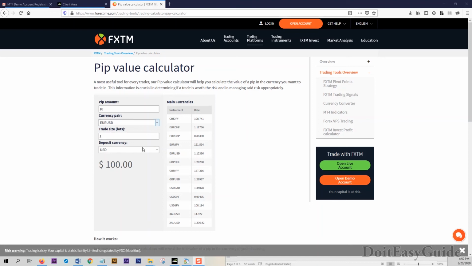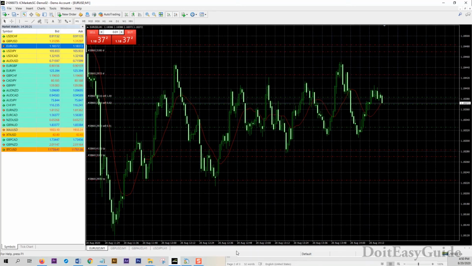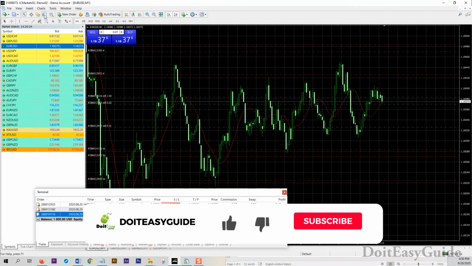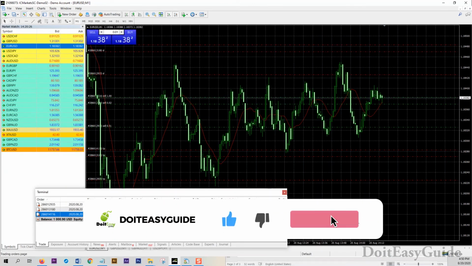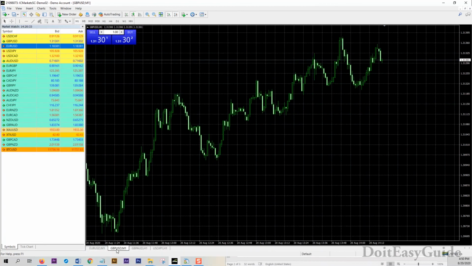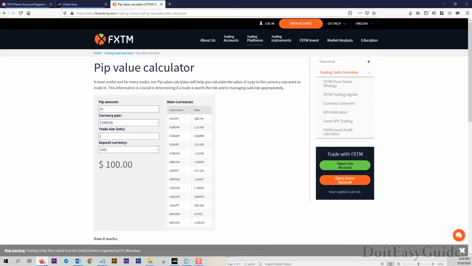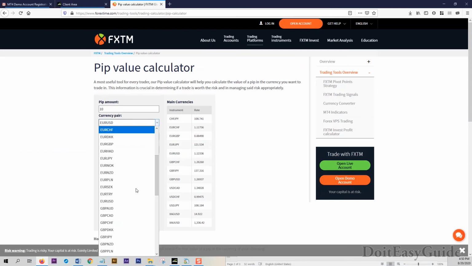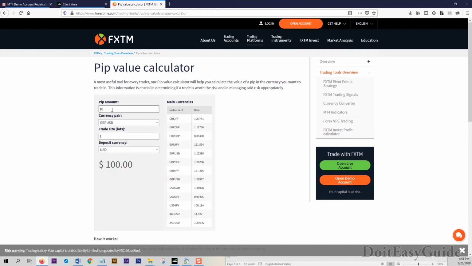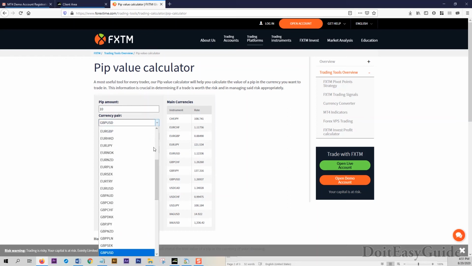Likewise, if you are trading a different pair, let's say GBP USD, you can change it from here, and you can see again it's the same.